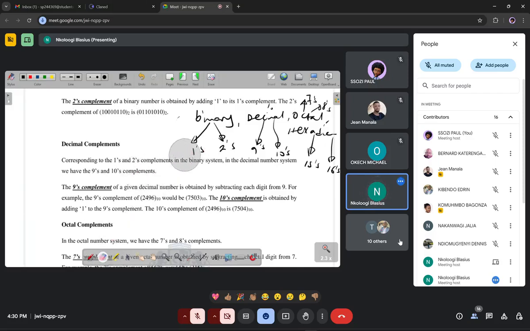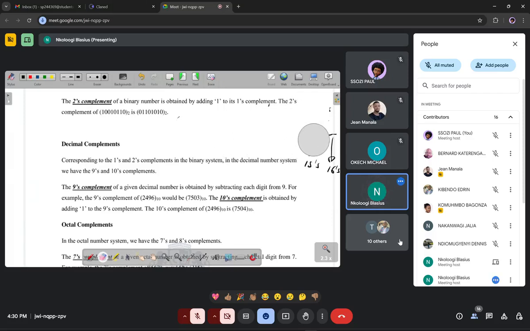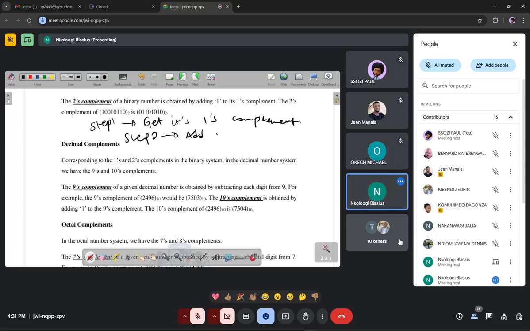If you want to compute a two's complement, what you do is, step one, first of all get its one's complement, and step two, you just add a 1 to the one's complement. Okay.